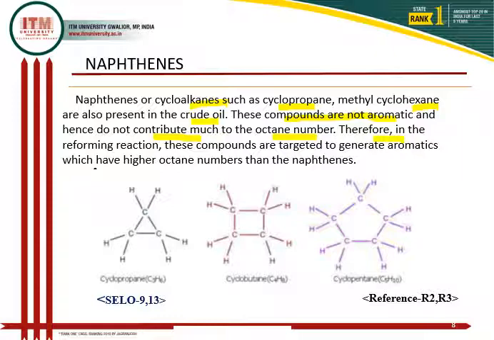Therefore, in reforming reaction, these compounds are targeted to generate aromatics which have higher octane numbers than the naphthenes. So, to increase the aromatic content, if we want, then we can have such reforming reactions, to increase the aromatic content by these cycloalkanes.